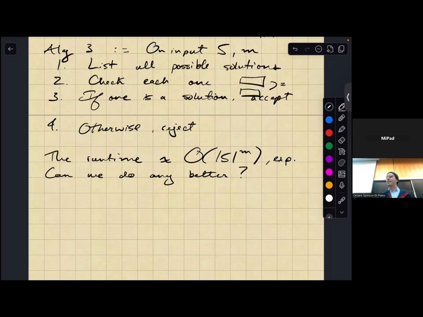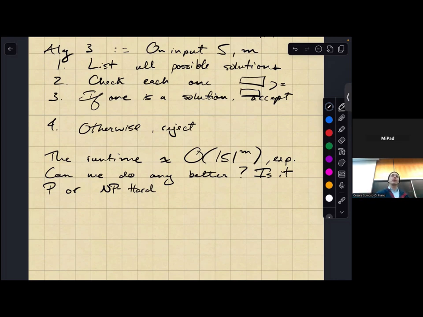Really what we're asking is, is it in P versus, really what we're asking is, is it polynomial time or NP hard? So non-polynomial time and no better.